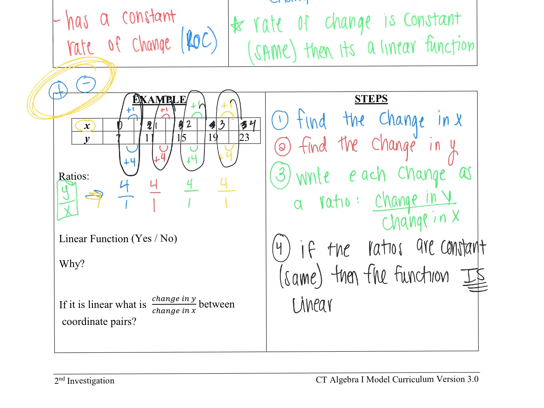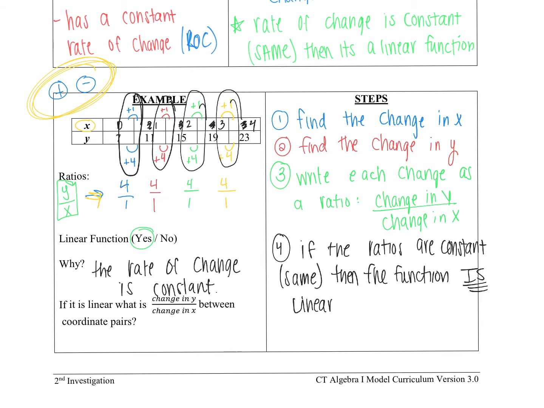This is the rate of change, 4 over 1, 4 over 1, 4 over 1, 4 over 1. If those are all the same, then it is a linear function, and why is that? Because the rate of change is constant. They're all the same.